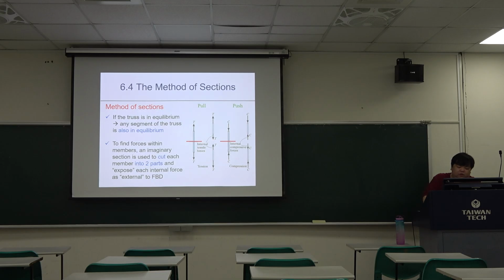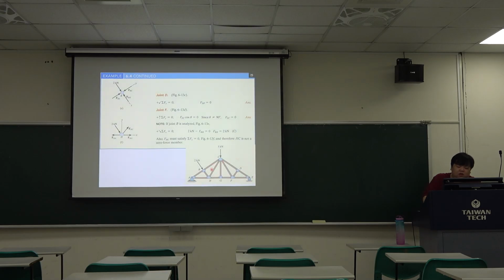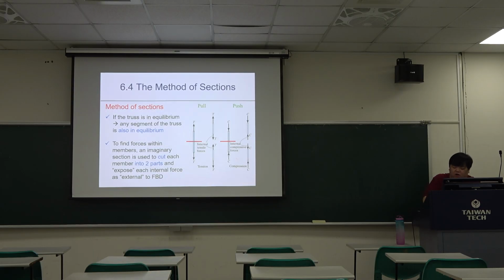But if maybe you want to know BC, HC, and HG, just cut this section, and we can use the method of sections to solve this problem. Okay, so let's begin by introducing the method of sections.